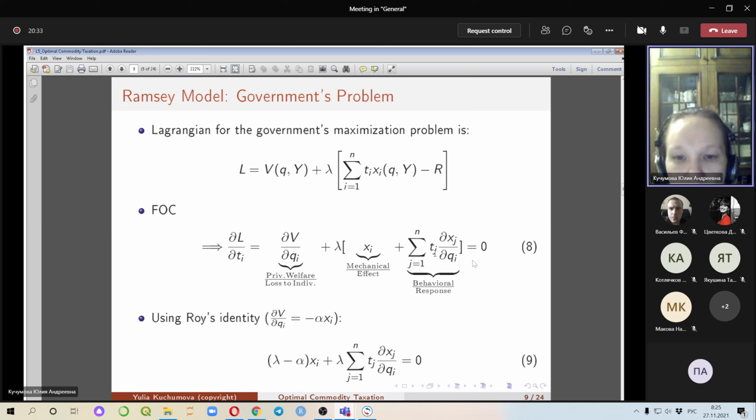First of all, the government cares about two things. It cares about the utility of individuals, but it also cares about collecting revenue, right? We could consider a different model with different types of government: a government that cares only about revenue, or a government that cares about people to some extent.